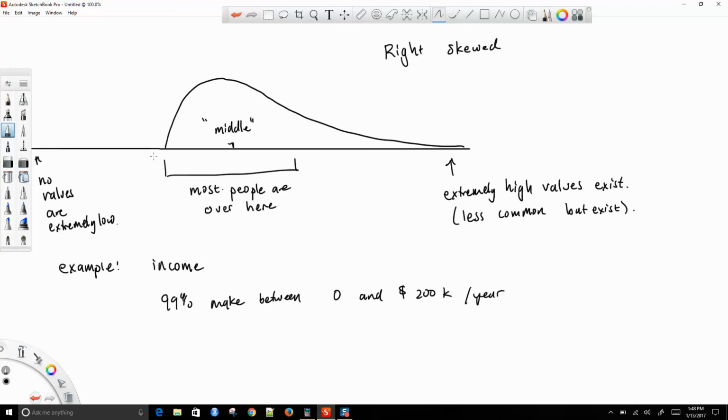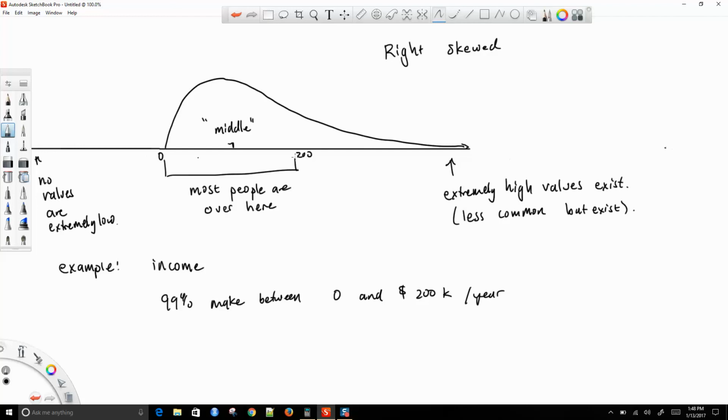So this might be 0, this might be 200,000. Are there some people who make $1 million a year, $5 million a year, possibly even more? Yes. There are certainly people at the extremely high side. Maybe not a lot, but they certainly exist, and they're way out here.